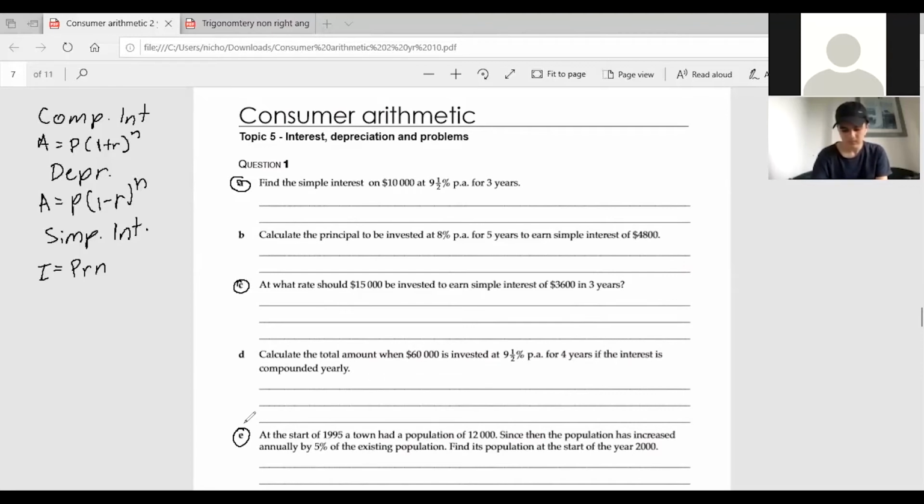Yep, that's correct. So the way we get that is I equals 10,000 times 0.095 times 3 equals 2,850. Perfect.